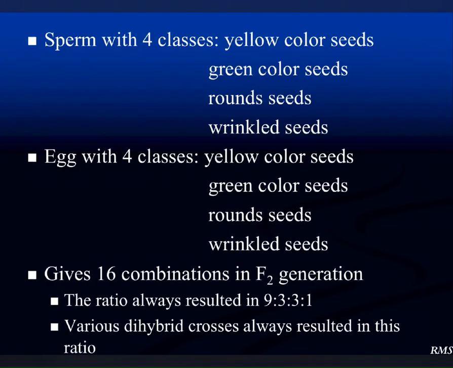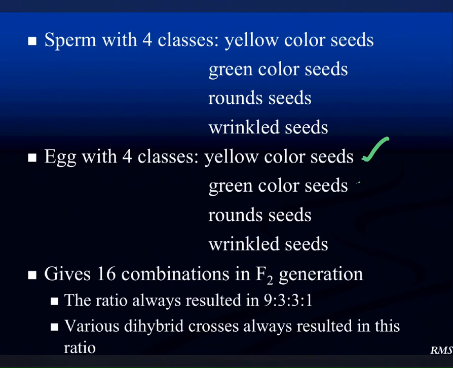In one of Mendel's experiments, he was looking at both the color of the seed and the texture of the seed, whether it was round or wrinkled or yellow or green. So when you have a sperm being produced from the male part of the plant, it could have the characteristic of producing yellow seeds, green seeds, round seeds, or wrinkled seeds. Same thing with the female with the egg.